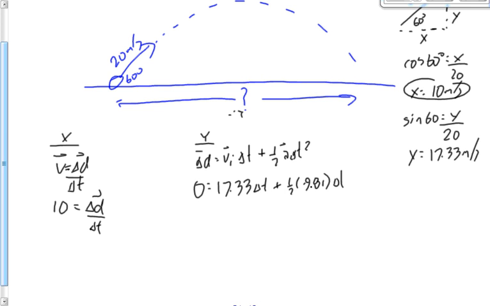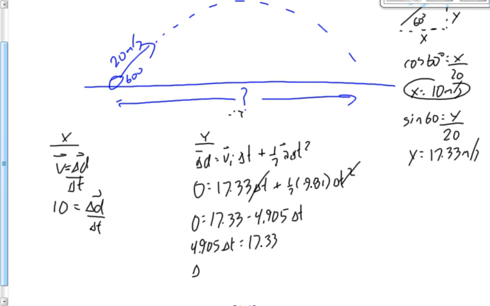Now, one of the t's cancels, right? If we divide everything by t, we end up getting 0 is equal to 17.33 subtract 4.905 times t. Take it to the other side, and we solve for time. 3.534 seconds, which we're going to turn around and plug into here.